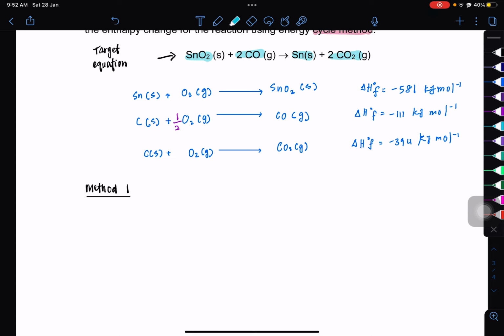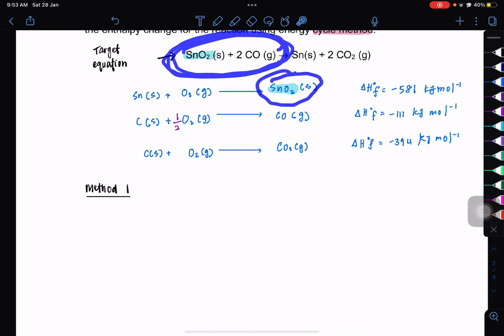You see all these moles, and you compare with the 3 equations. First, tin oxide. Highlight where tin oxide is among the 3 equations and see its location, either in the reactant or in the product. In the target equation, tin oxide is in the reactant, but in this equation it is in the product.